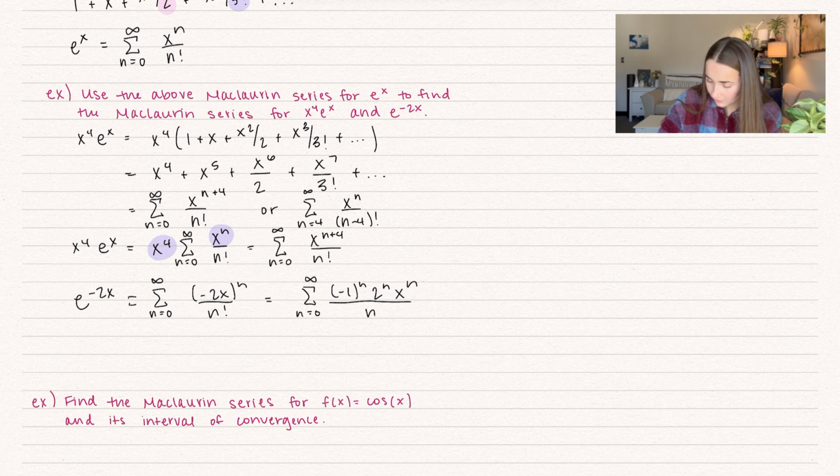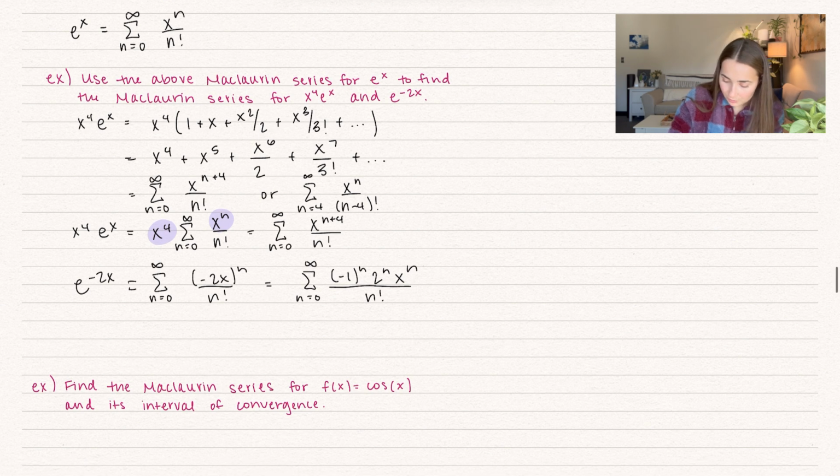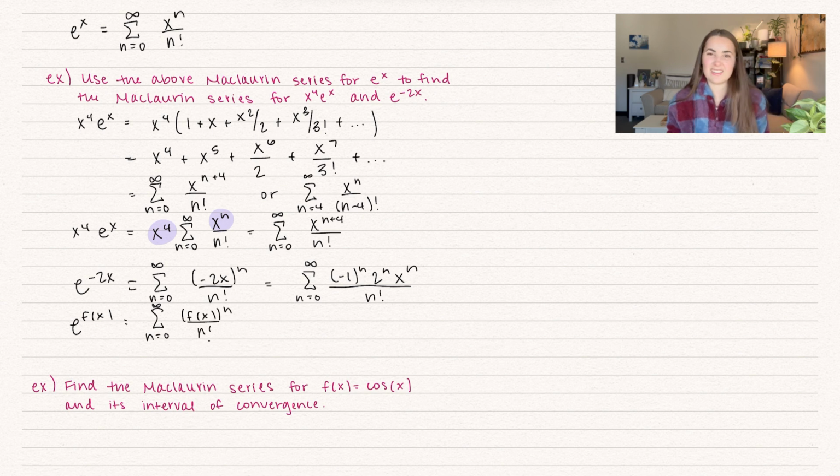Doesn't make much of a difference, right? That's because you're kind of just treating it like a function. So if you have e to the f of x, all you have to do is plug it into the summation n equals 0 to infinity of f of x to the n divided by n factorial, right? You can just think of it like a function. So these are some examples of how we can use a Maclaurin series in order to represent functions as power series.